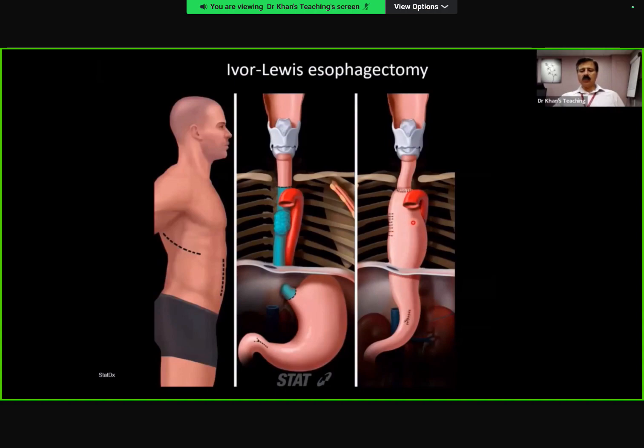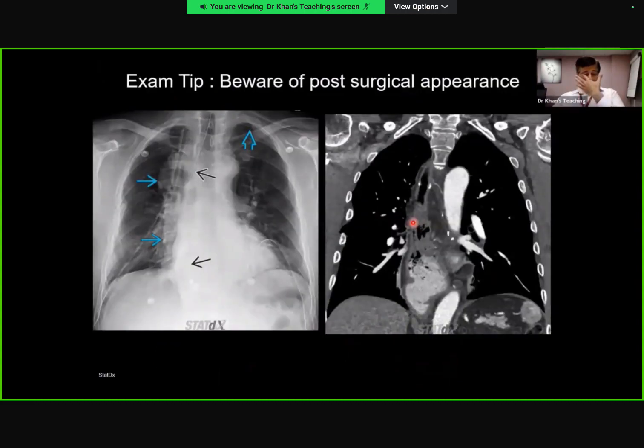And radiologically speaking, there can be films in the exam which can come and have come. I don't have any such example with me, but this is a very good example from StatDx. And I just wanted to show you, because in the exam, beware of post-surgical appearance. So I have shown you total laryngectomy appearance. Beware of this esophagectomy.